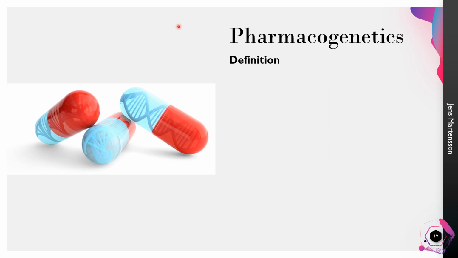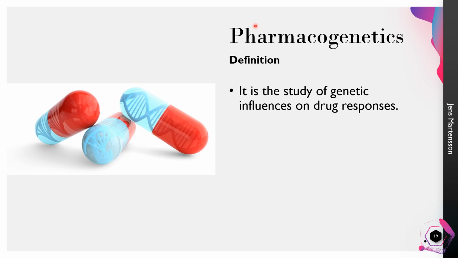Another is pharmacogenetics. Advancement in molecular biology, especially the recombinant DNA technology, and the emergence of biotechnology has opened fields in pharmacology such as pharmacogenetics and pharmacogenomics. When we say pharmacogenetics, this is defined as the study of the genetic influences on drug responses.